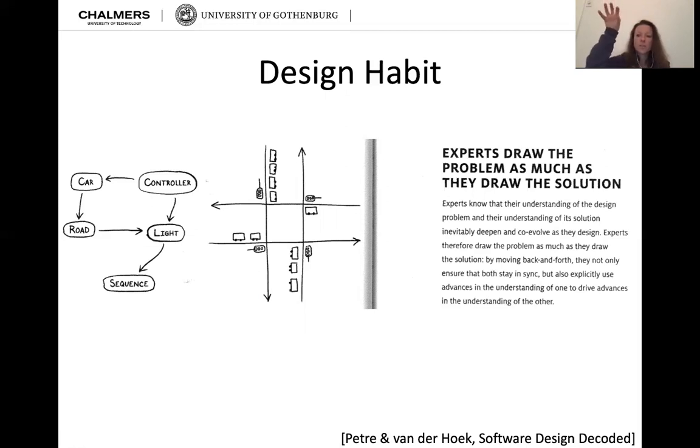Like, is a use case of wash car an extension of buy fuel, or can I also wash my car without buying fuel? Those are very important design decisions, and they often get underestimated when we work with use cases, because people often think, oh, that's just requirements engineering, we're just writing down what is. No, this is already design. We're doing both at the same time, or both iteratively. So be aware of that.